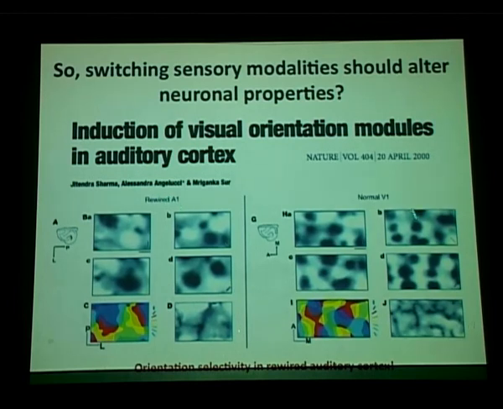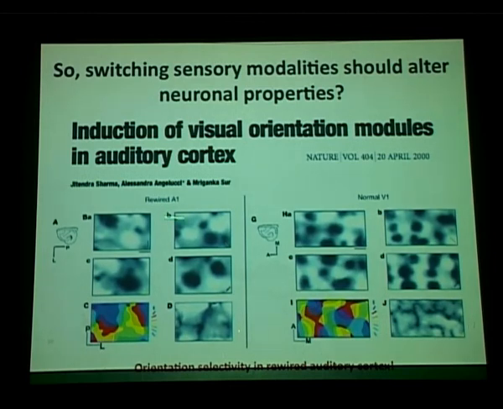Normally your visual cortex V1, the primary visual cortex, would look like this: if you look at the response of neurons sitting on this cortical surface, you will see nice pinwheels, where different neurons respond to different orientations. There are pinwheels, there are linear zones, and so forth.